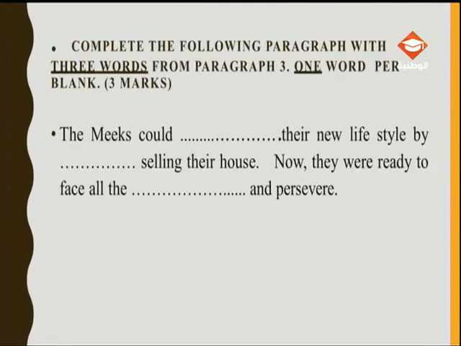The third question now, complete the following paragraph with 3 words from paragraph 3. 1 word per blank. So the most important words, the key words have been underlined. 3 words and 1 word per blank. So each blank requires just 1 word.